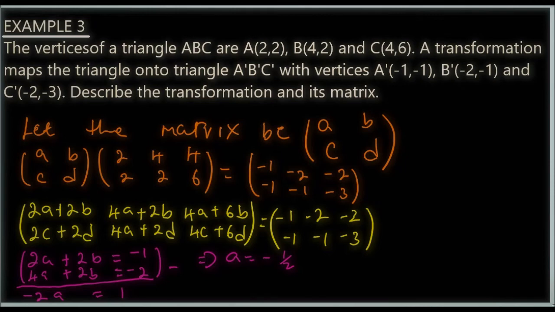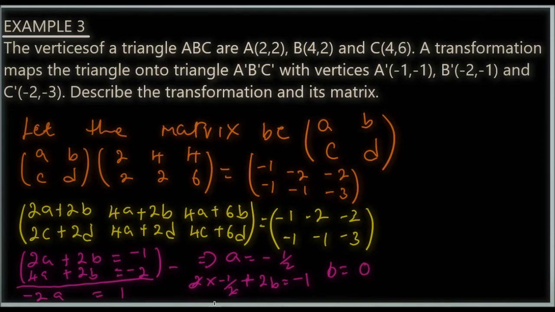So for example, we have 2 multiplied by minus a half, plus 2b, is equal to -1. Dividing 2 by 2, you get -1, so you take it to the other side, it will be positive 1, implying that our b is equal to 0.